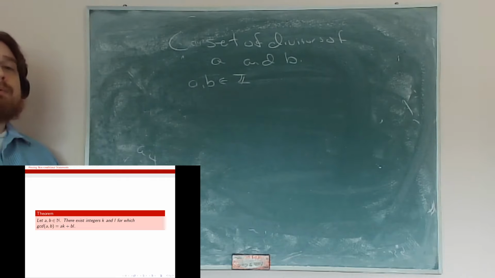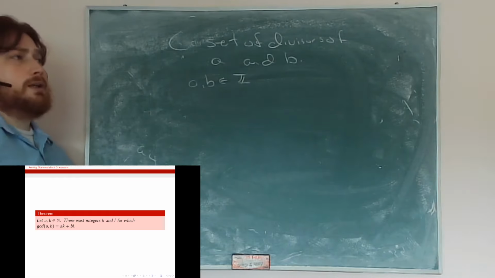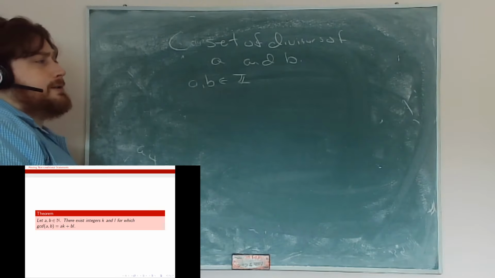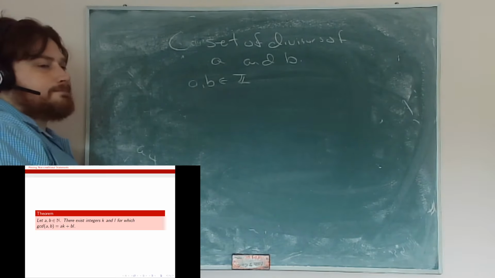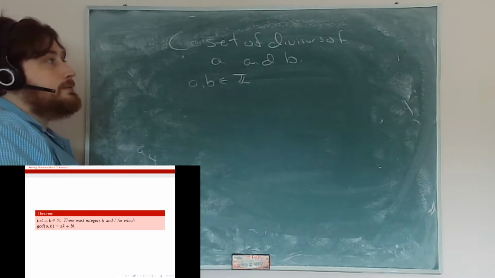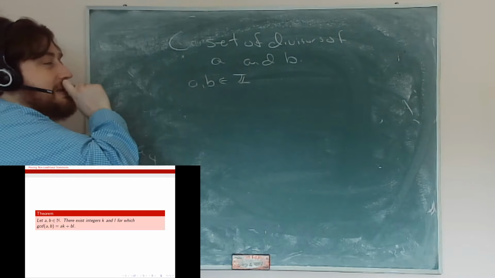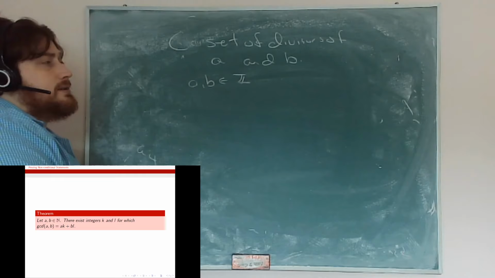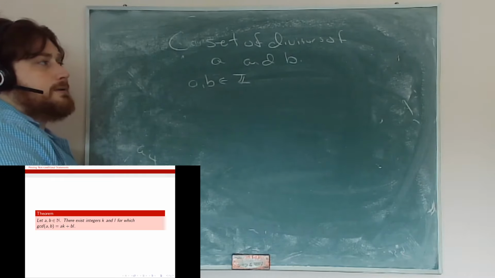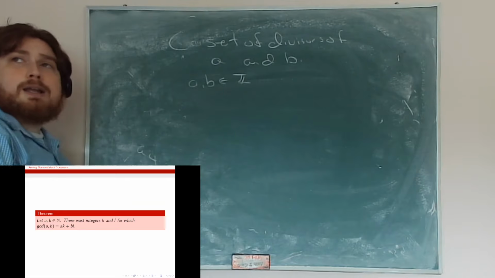So we're working with integers, not just general numbers. And so we'd say the greatest common divisor of two integers is the common divisor which is the biggest. So what I want to do is show that this set is non-empty. So can I think of a number that divides both A and B?